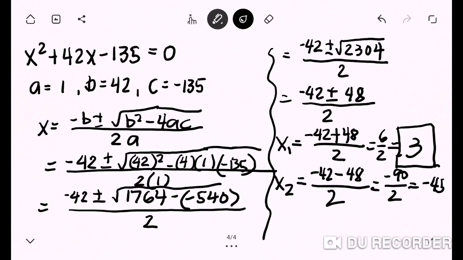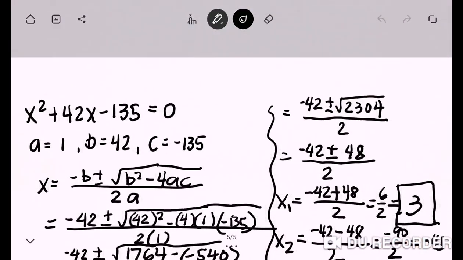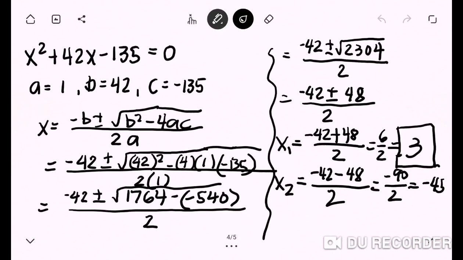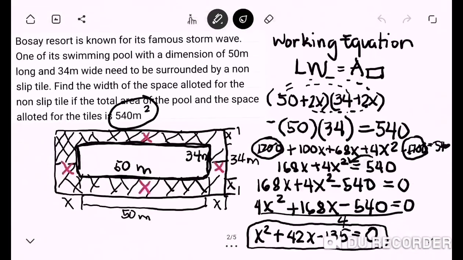So in this case, ang pwede nating i-consider na sagot is positive 3 considering na wala tayong distance na negative. So ibig sabihin, the answer to the problem given is equal to 3 meters.